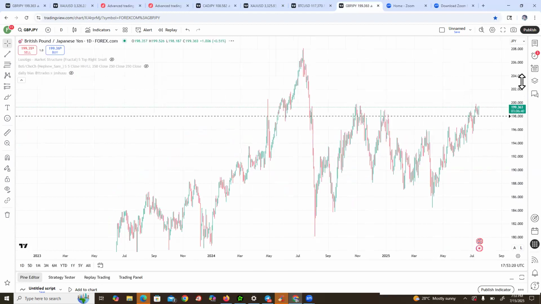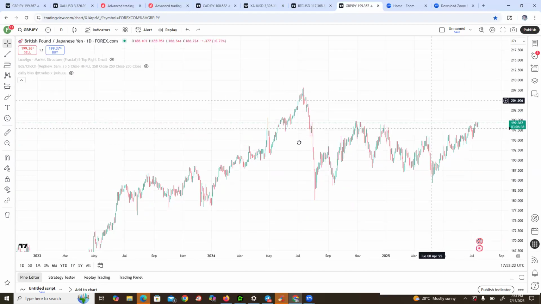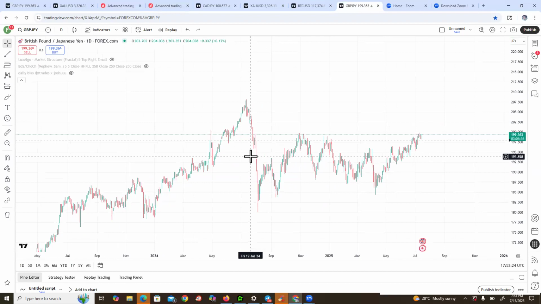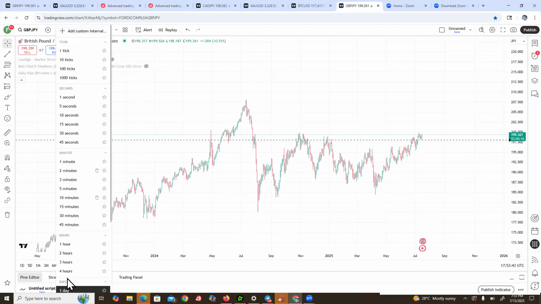It helps me see the structure, because directional bias, to my understanding, is basically structure. But what is the structure saying at a particular moment? That is where your bias comes in, your daily bias.